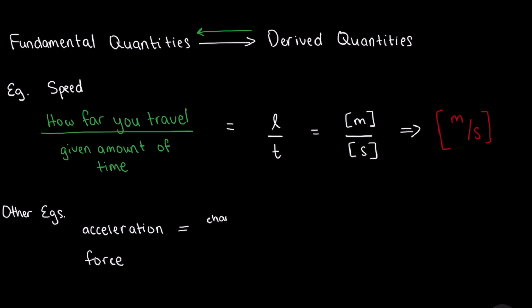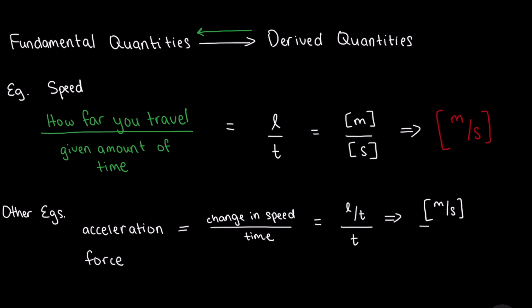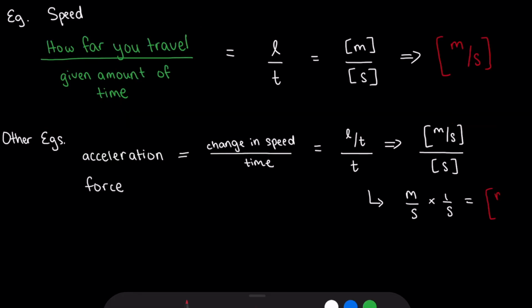We know our unit for speed is length over time, so if we divide that by time again, we end up with meters per second divided by second. That gives us m over s times 1 over s, which is meters per second squared. So that is our more complicated unit, our derived quantity, and that is what represents acceleration.